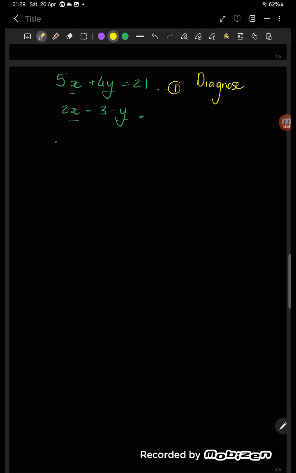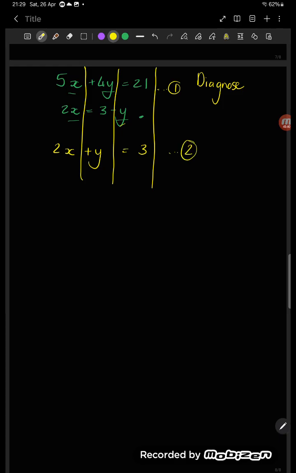The second one, I'm going to change it a little bit, and I'm going to say 2x plus y equals 3. There's only one y here, and I have it in columns, so that I can see my y's and my x's very nicely. You can call this number 2 or number 3, you can choose.